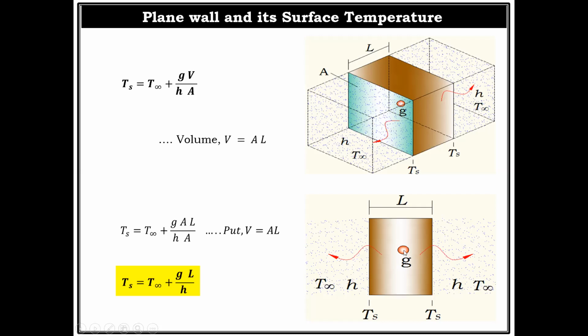If the generation source is nearer to the right hand face, then the right hand surface temperature will be more than the left hand surface. So till now we get the surface temperature for plane wall, it is T infinity plus GL upon H. So L is the thickness of that wall.